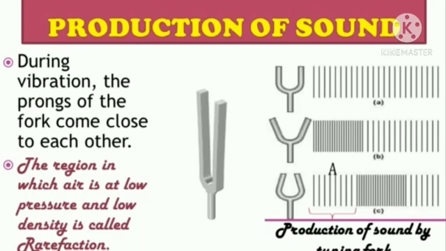As a result, the air pressure in this region, region A, decreases. Why? Because there is low pressure and low density, and such a region in which air is at low pressure and low density is called rarefaction.